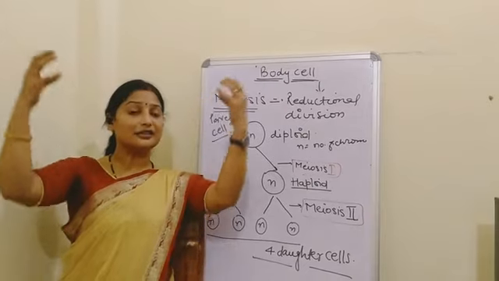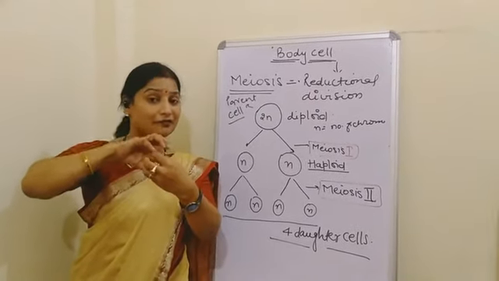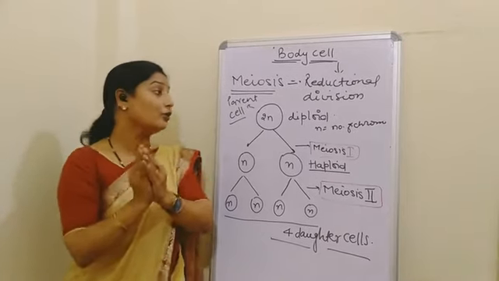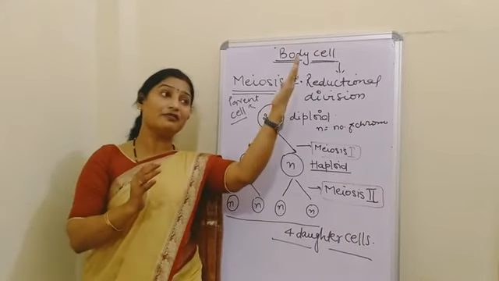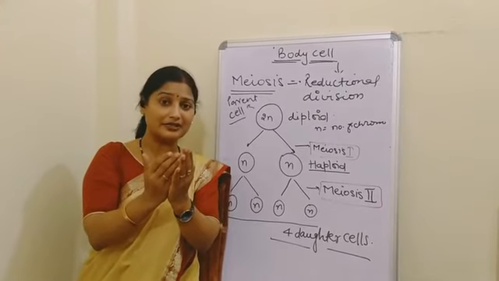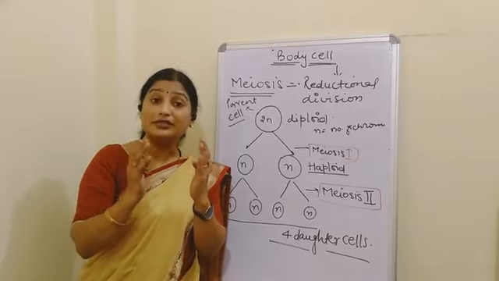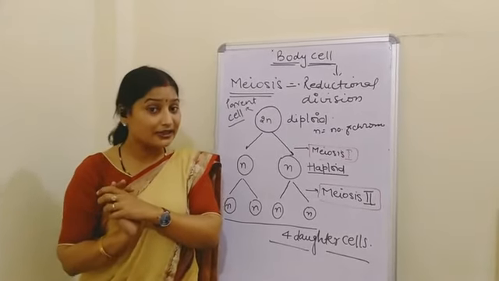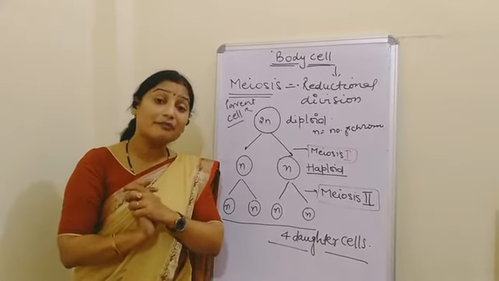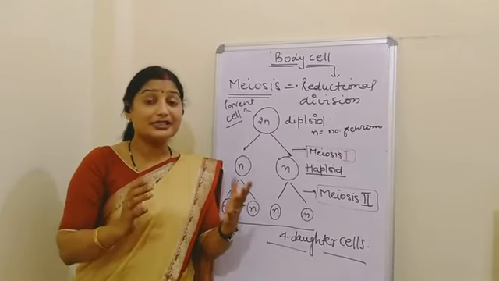Now what happens? The two different cells come close together, they fertilize, they fuse to form the zygote. If 23 pairs come from the father's side and 23 pairs come from the mother's side, then what will happen in the zygote? The zygote will become 46 pairs. And that is not the constant number of chromosomes in human beings, because 46 pairs is too much.